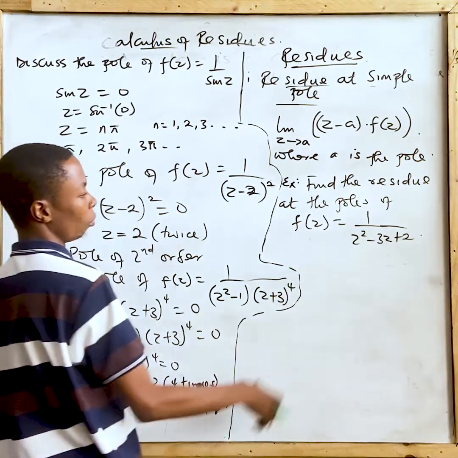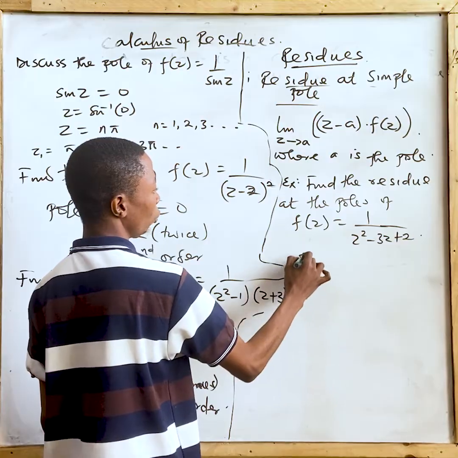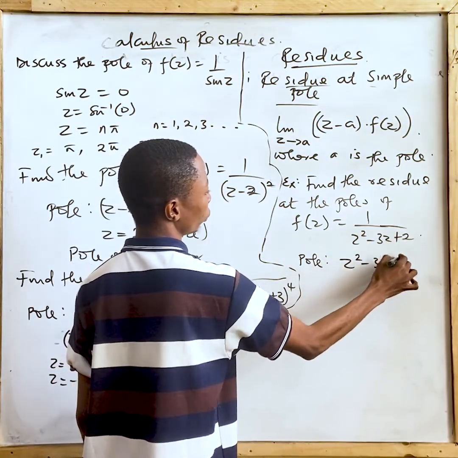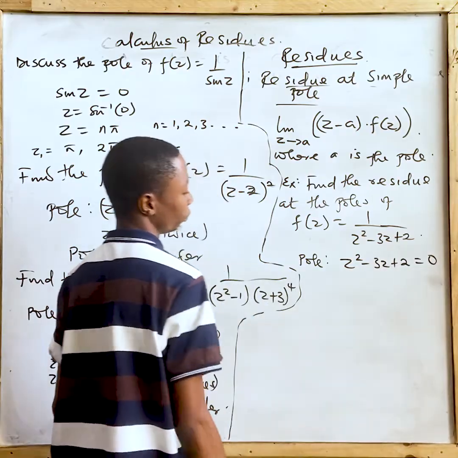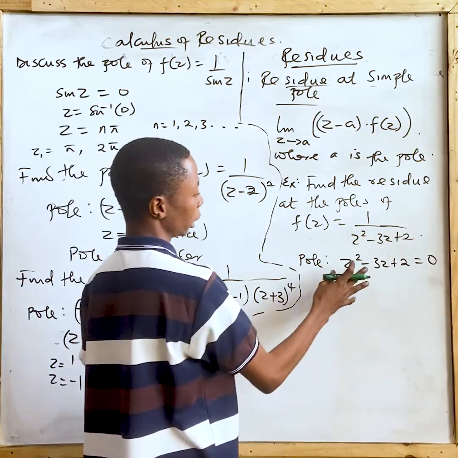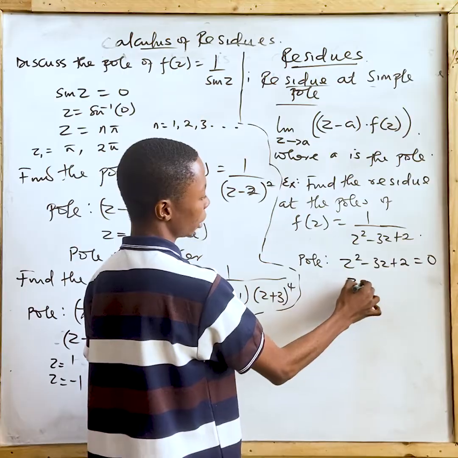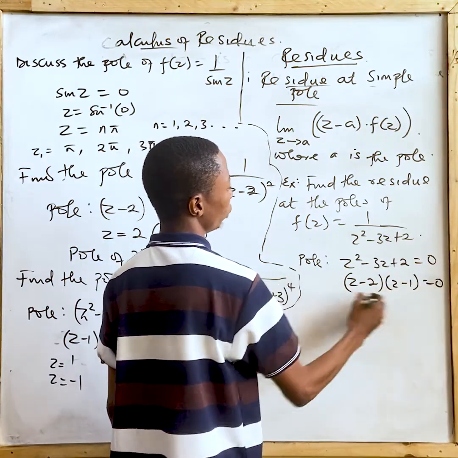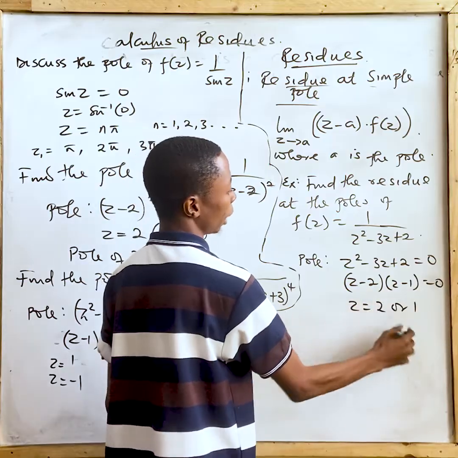Now, what are the poles of this function? The poles are where z squared minus 3z plus 2 equals 0. Factorize and solve: (z minus 2)(z minus 1) equals 0. So z equals 2 or 1 are the poles.